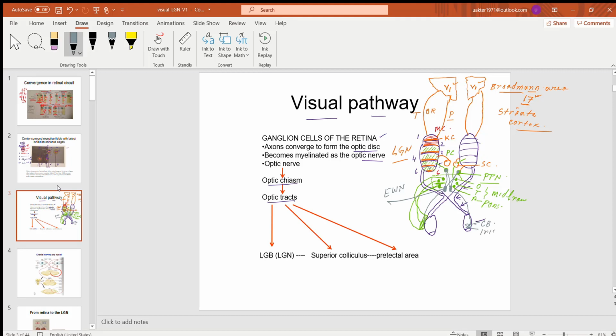Okay, so when this nucleus, Edinger-Westphal, is stimulated, parasympathetic innervation activates the ciliary body that will make the lens more round. Okay, and constrict the pupil. That means make the pupil small.